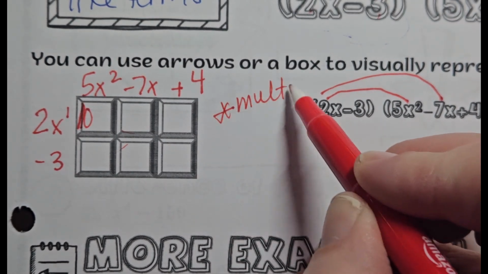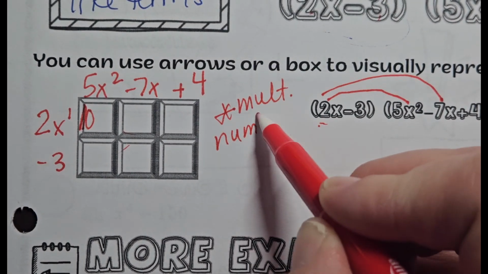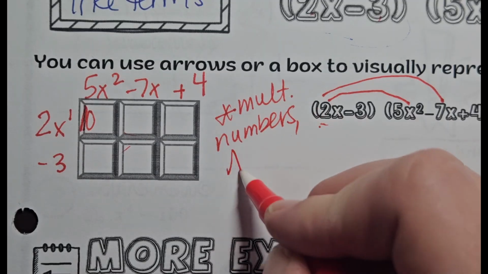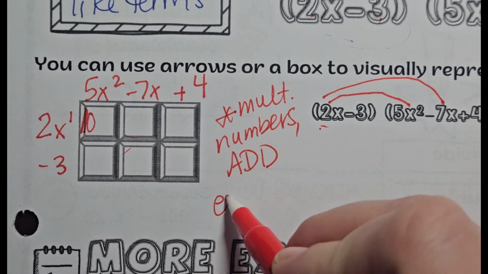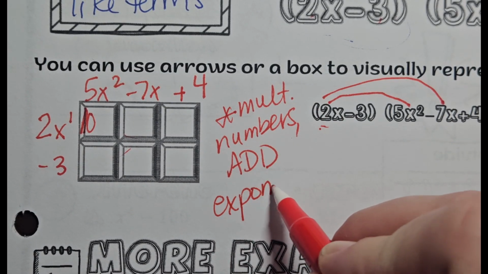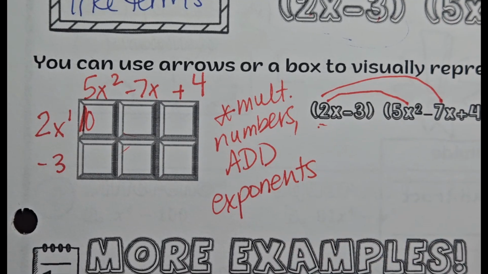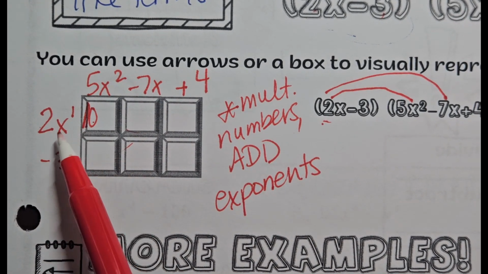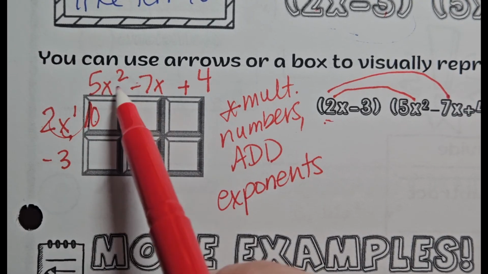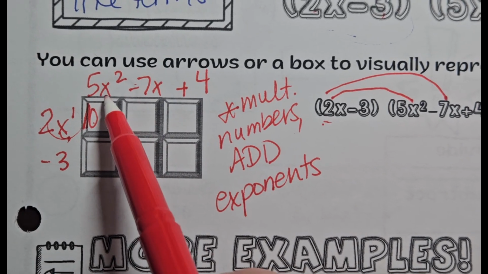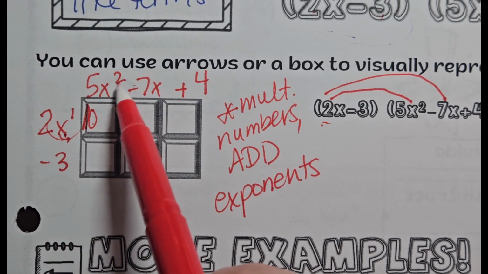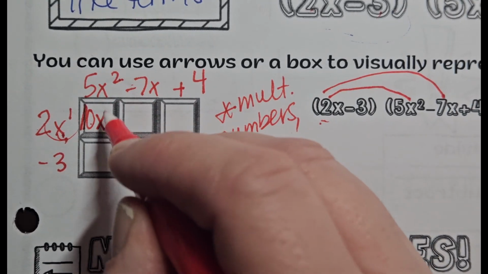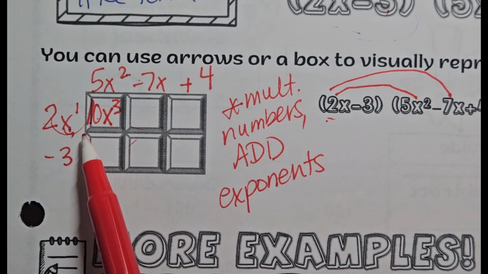If you want to write yourself a reminder: multiply the coefficients, but add the exponents, because exponents function a little differently. So 2 times 5 is 10. I have 1 x here and 2 with this term, so putting those together, there are 3 x factors. This term is now 10x cubed.